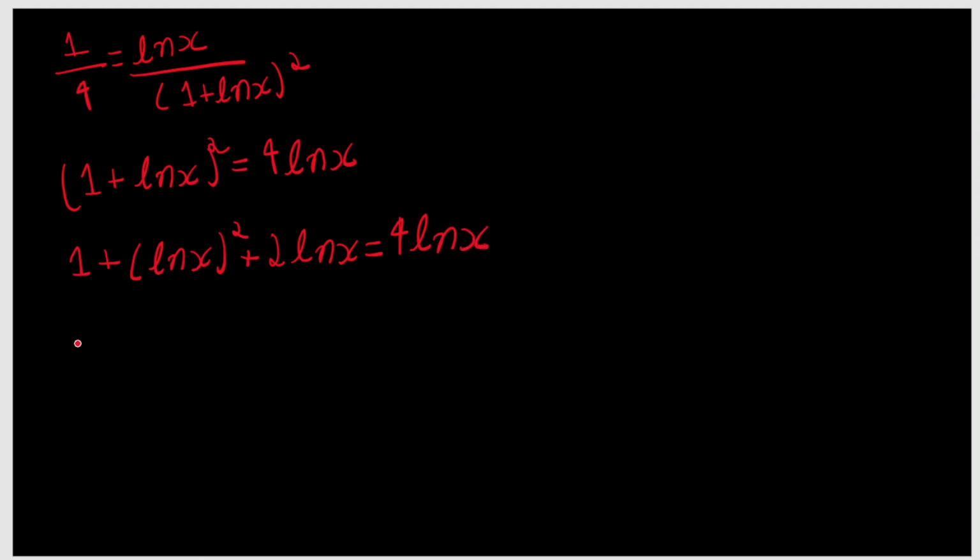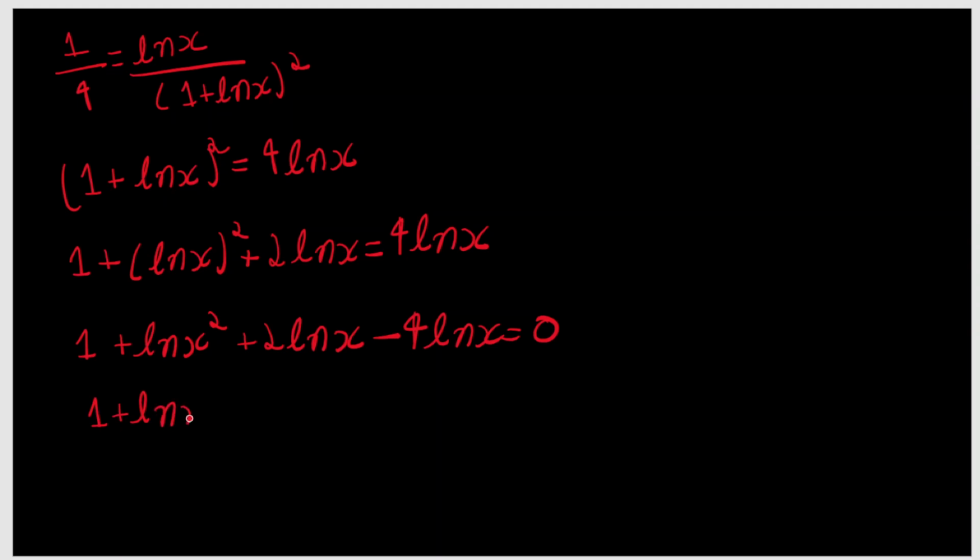So what we're going to do is 1 plus ln x square, plus minus 4 ln x is equal to 0. We know that 2 ln x minus 4 ln x is going to give us negative 2 ln x. So we have 1 plus ln x square minus 2 ln x is equal to 0.